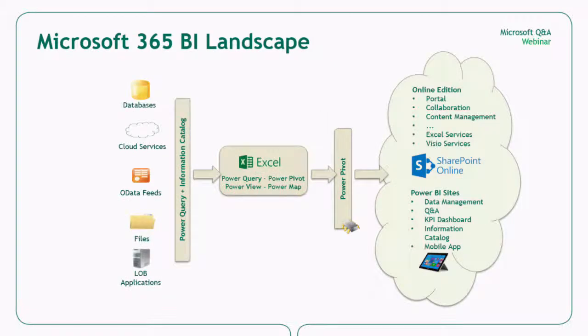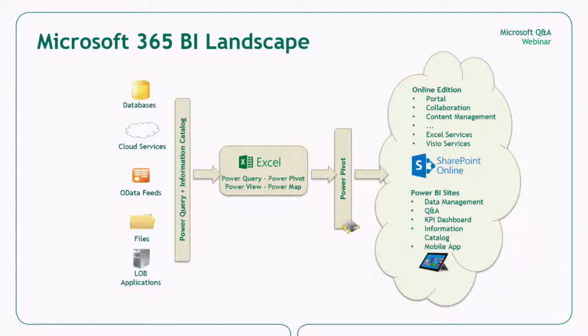If we look at how that might look under 365, we've got our Power Query and Information Catalog interface taking data from our data sources. That could be our data warehouse, but it could be any other area. And then using Power Pivot to model that data, to mash it up, join it together, present it through hierarchies, etc. Power View, so that the users can present nice dashboards and cool ways of interacting with the data.